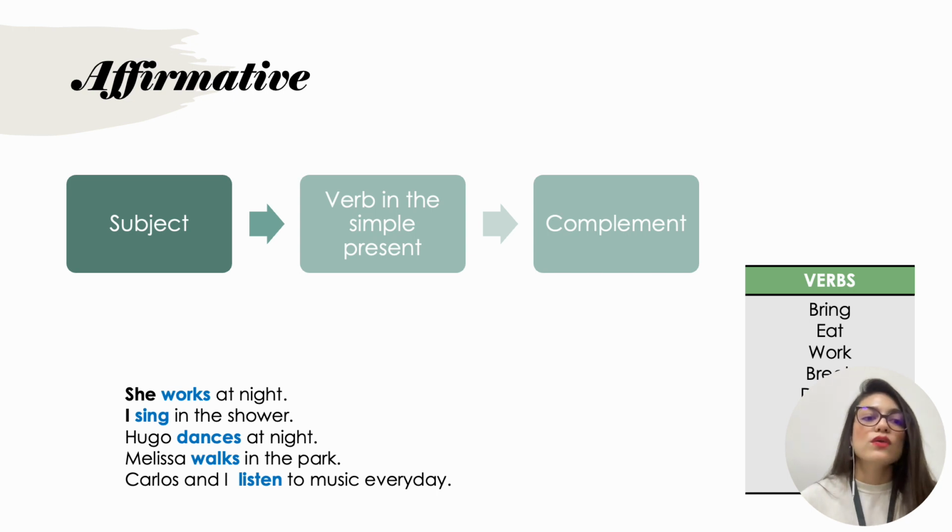So here also we add the S at the end of the verb because we're talking about he, that is Hugo, okay? Melissa walks in the park. Also, we are adding the S at the end of the verb because Melissa refers to she. And Carlos and I listen to music every day. Okay, so as you can see, first we have our subject, then the verb, and finally the complement.